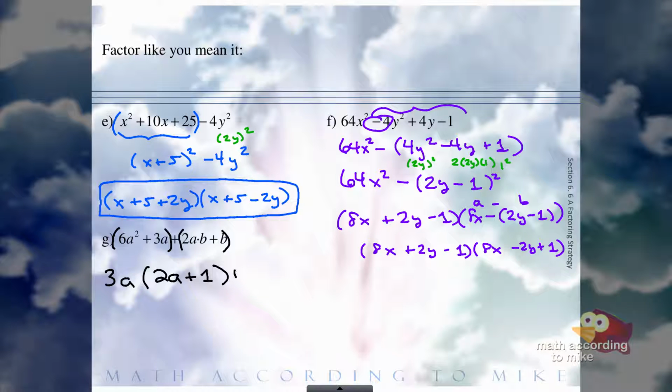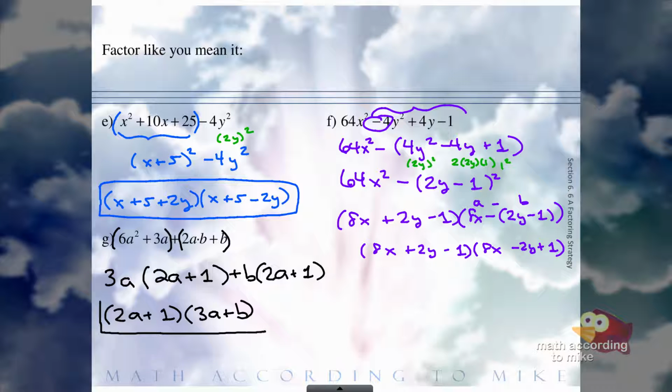And the second group, we can pull out a b, and we would be left with 2a plus 1. Since they both have a 2a plus 1, that becomes the GCF. And we would be left with 3a plus b. So there's the factorization in part G.